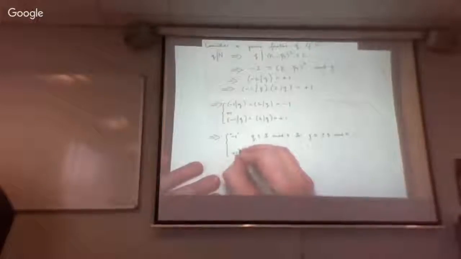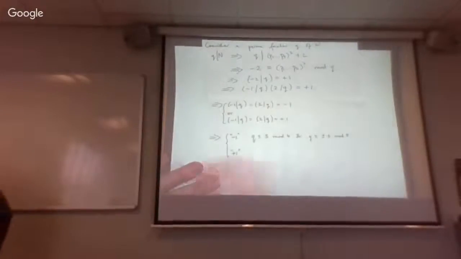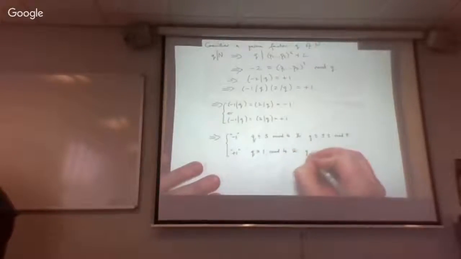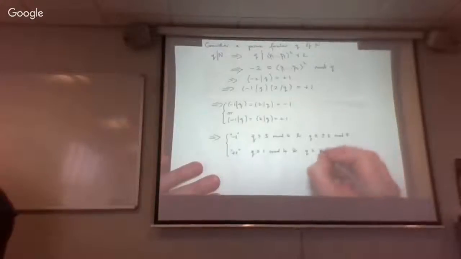And in the plus 1 case, q would be congruent to 1 mod 4, and q would be congruent to plus or minus 1 mod 8.